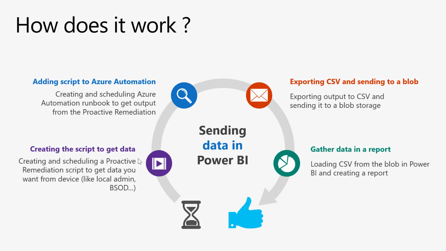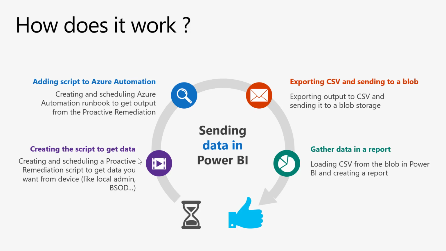How does it work? The process. We will first create and schedule a proactive remediation script to get custom data directly from your device, like local admin account, BSOD result, disk size, etc. The next step is to create an Azure Automation runbook, a script in Azure Automation, to get the output from the proactive remediation script using Graph.